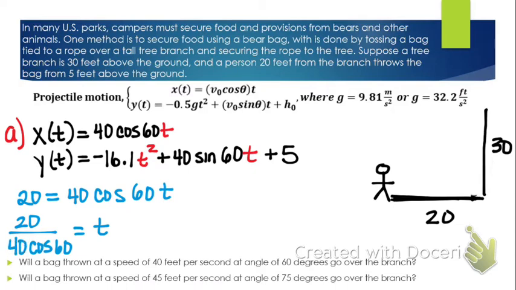So he's 20 feet away. The horizontal distance is 20 feet. And because I know his horizontal distance, I can use my x parameter and solve for t. So 20 divided by 40 cosine 60, you should get 1. Who got 1? Okay, good.